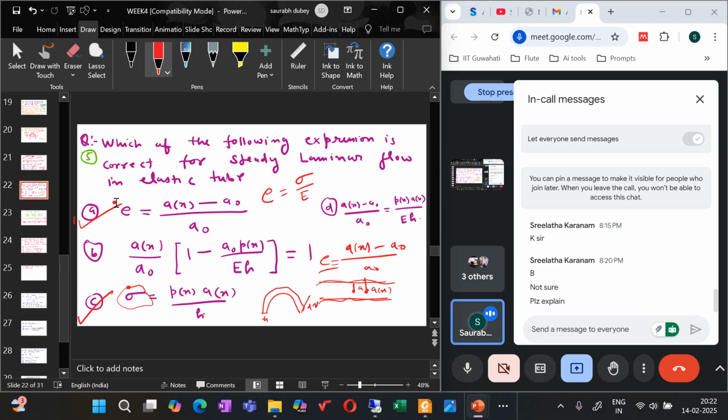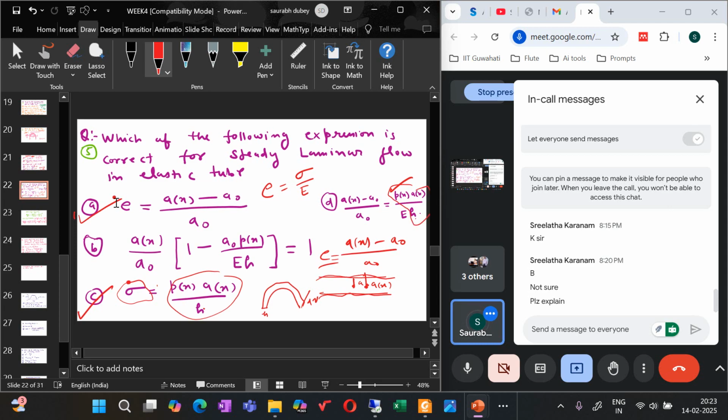Now you see, if you put this sigma here, then you are going to get this term, which is px ax divided by eh, right? So this is nothing but the same as this one, right? And modulus is here, and this is being equated to E, and E is this one. So in this case also A, B, C, and D, all the options are correct, right? So these things are there.